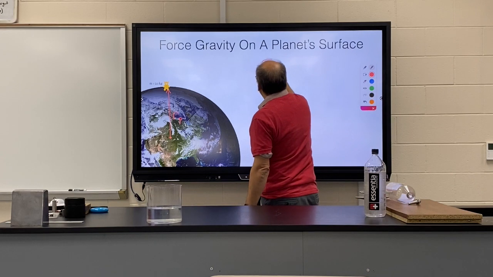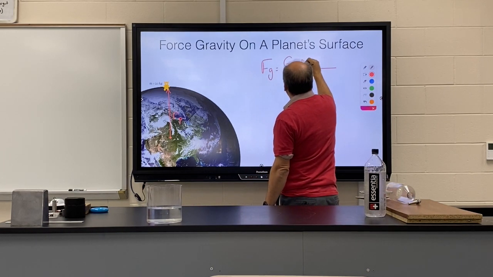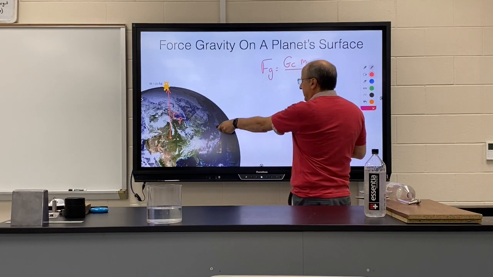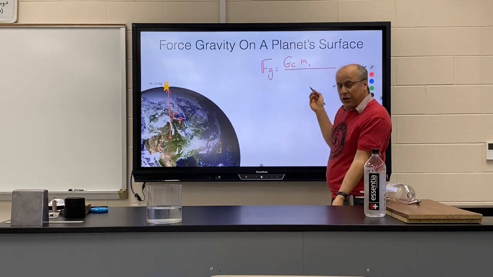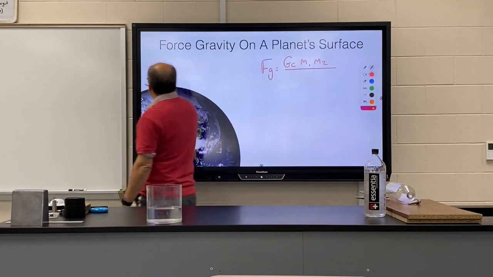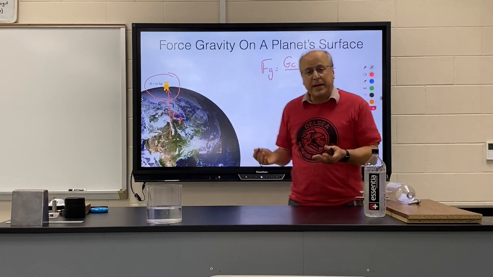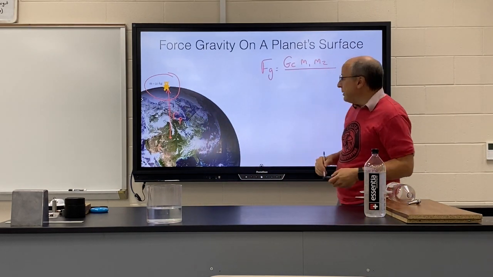So when we do our formula, we use the gravitational constant. Mass 1 would be the mass of the planet, in this case Earth. Mass 2 is the mass of the object. In this case, it's my little polar gummy bear, which has a mass of 2.1 kilograms.